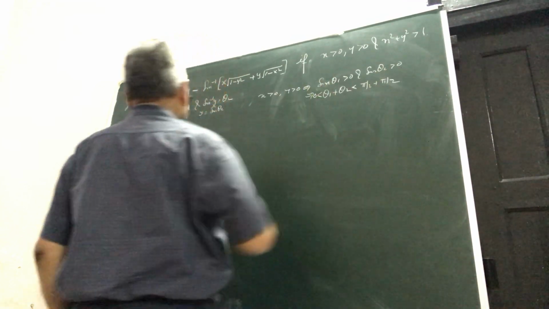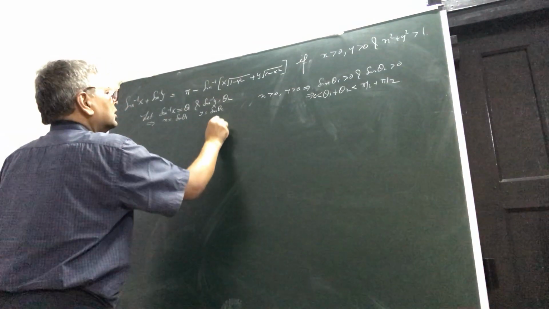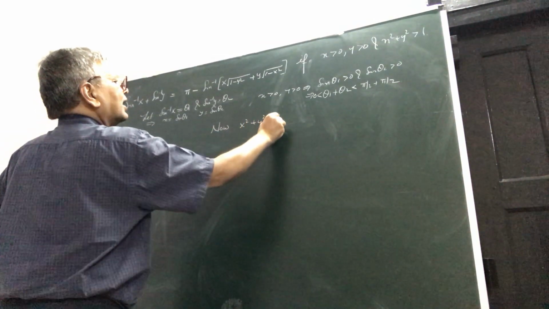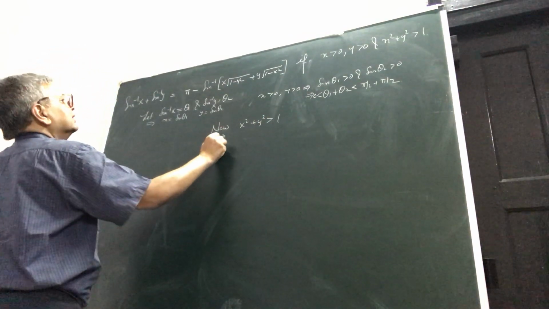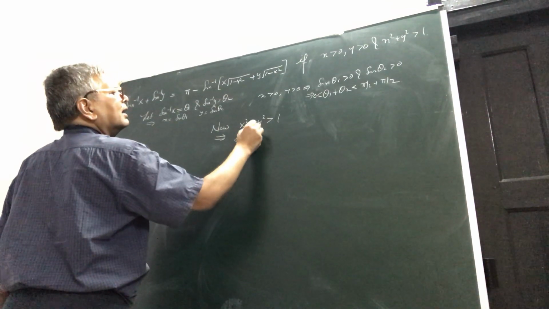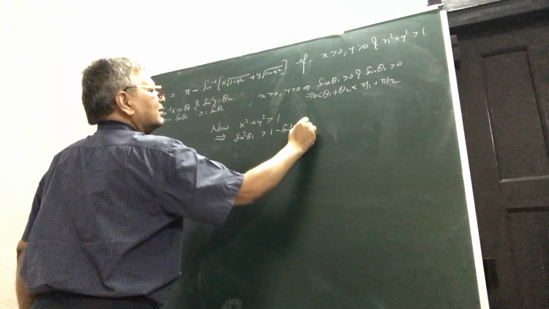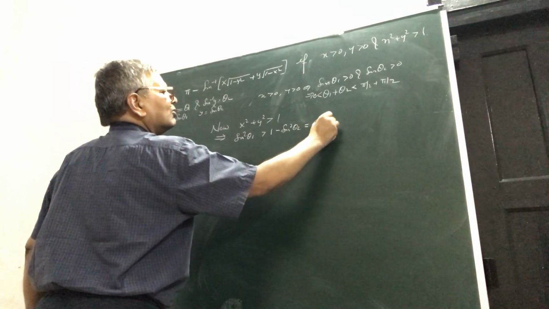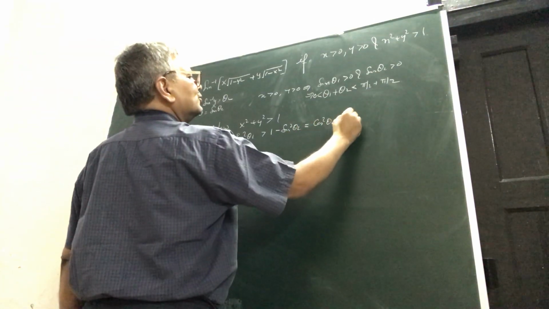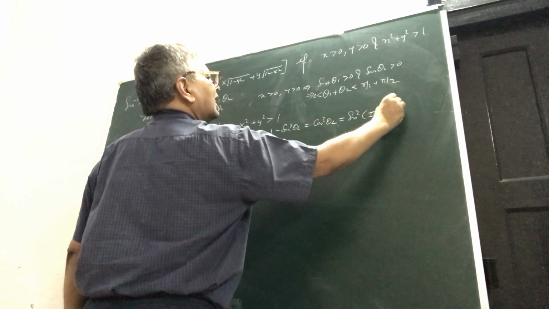Okay. But now x square plus y square. Now this is important. X square plus y square is greater than 1. This implies what? Please see. X is sine square theta 1 exactly is greater than 1 minus sine square theta 2. And 1 minus sine square theta 2 is nothing but cos square theta 2. Isn't it? And cos square theta 2 you can well write to be what? Sine square pi by 2 minus theta 2, as in the earlier case.